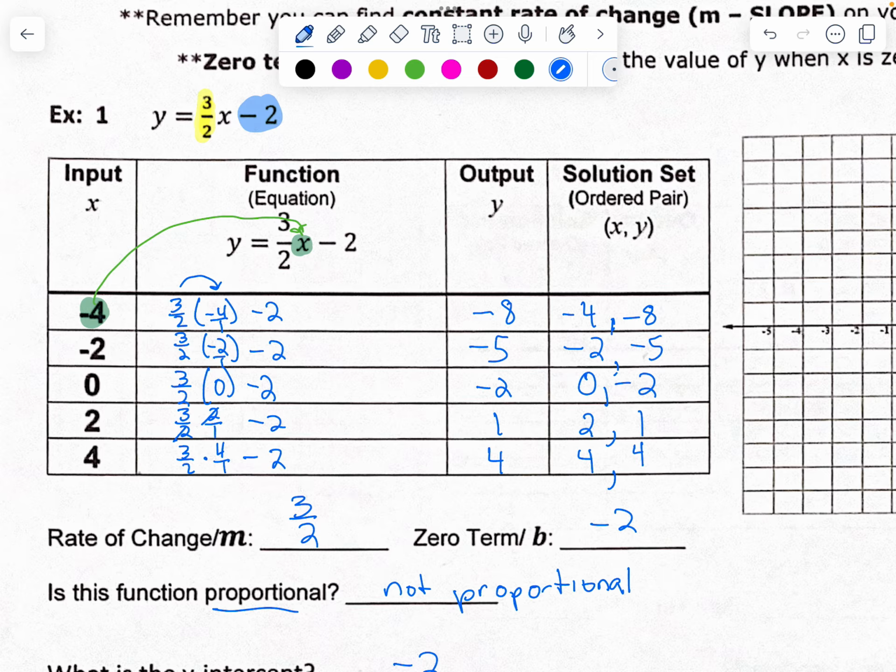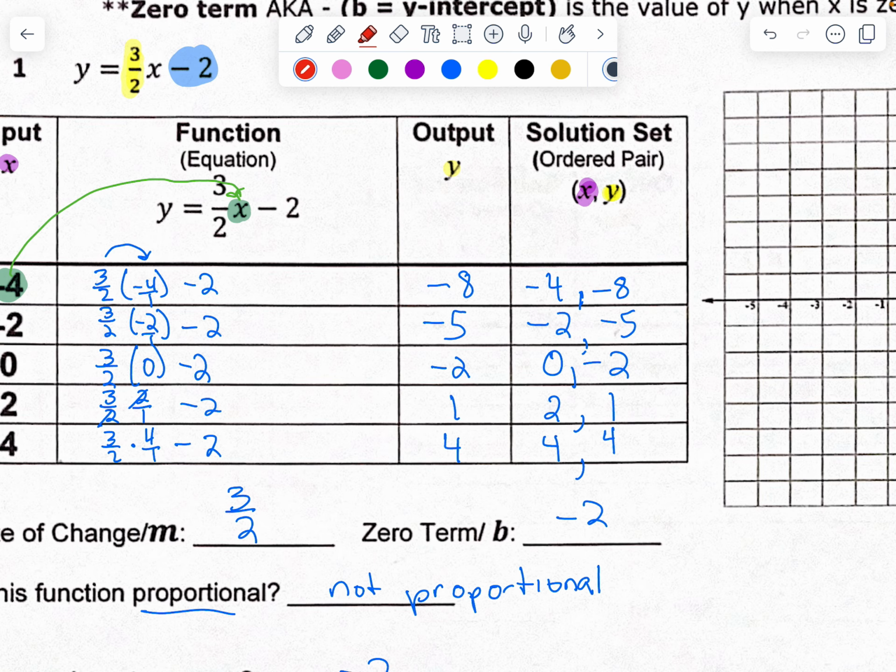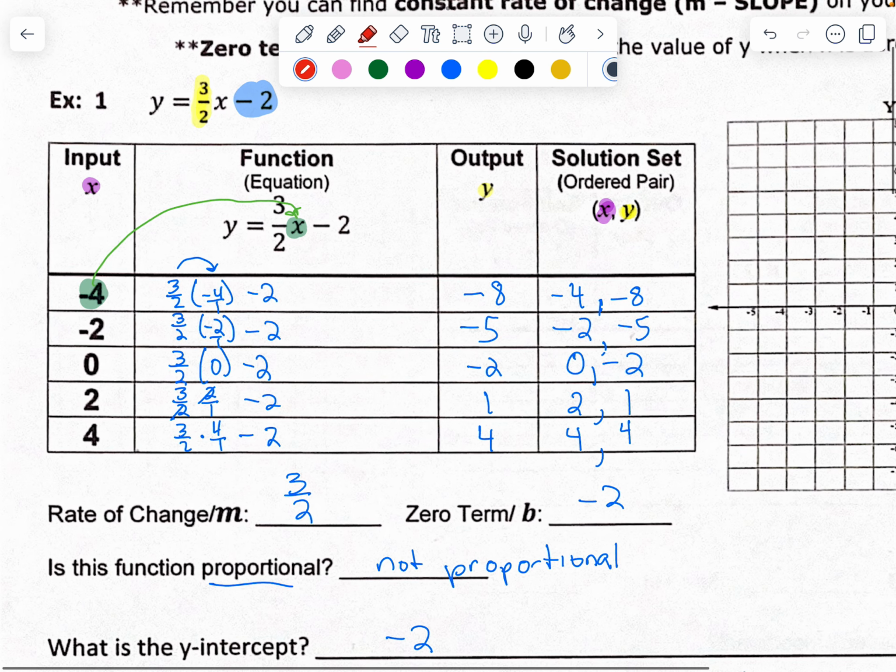Because this is my x value, which is coming from this column, and my y value is coming from this column. Now, there's magic that happens in the table.